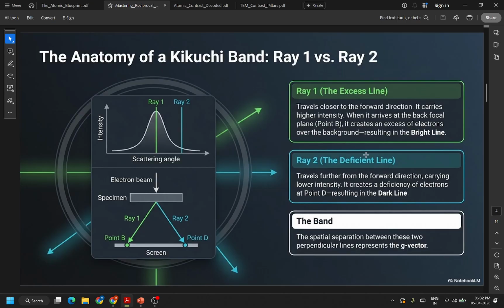And the deficient line, which travels further from the forward direction and carries low intensity, creates a deficiency of electrons at point D and results in a darker line. The spatial separation between these two parallel lines represents the G vector.